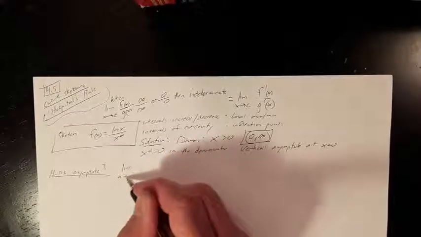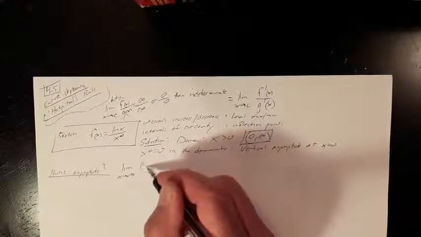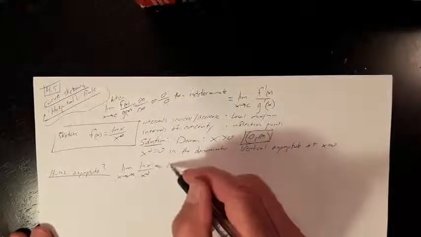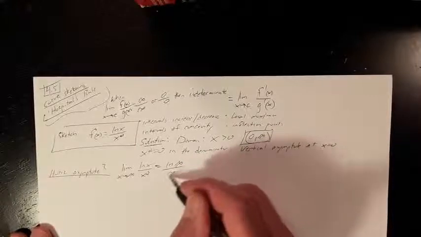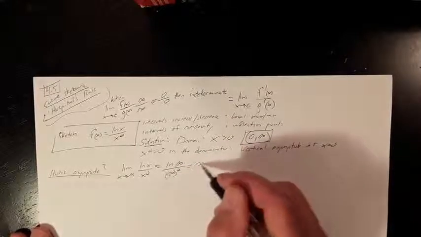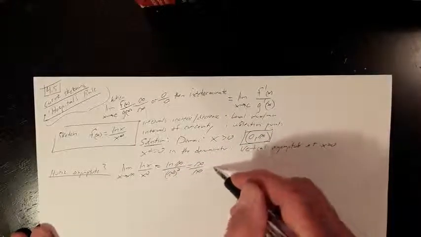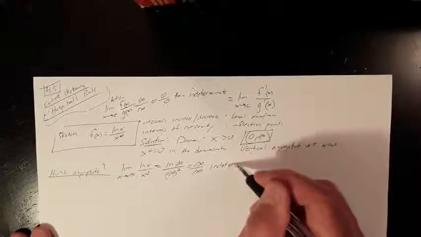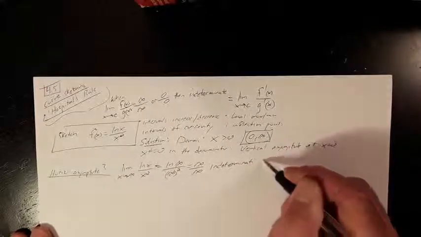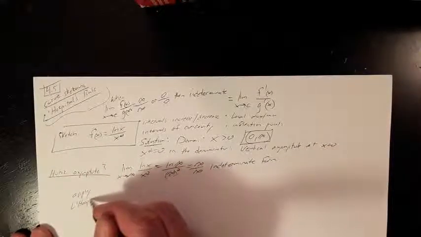To make that determination, you take the limit as x goes to infinity and negative infinity, but we'll start with positive infinity. Now see how when x goes to infinity, this is the ln of infinity over infinity squared. This is infinity over infinity. This is called indeterminate form. So we apply L'Hopital's rule.